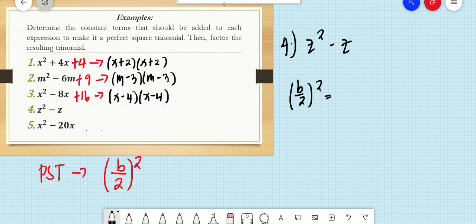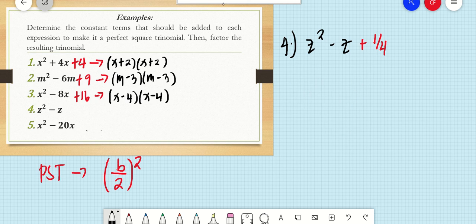This time our b is negative 1. So negative 1 over 2, raised to 2. And we all know that negative 1 half raised to 2 is positive 1/4. So we add 1/4 to this expression. Next, we get the factors of this expression, z squared minus z plus 1/4.